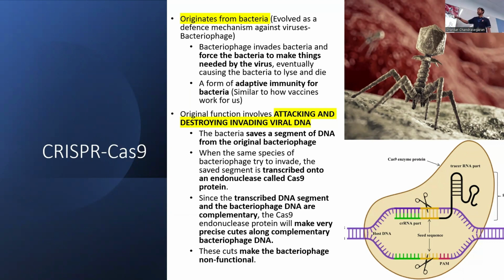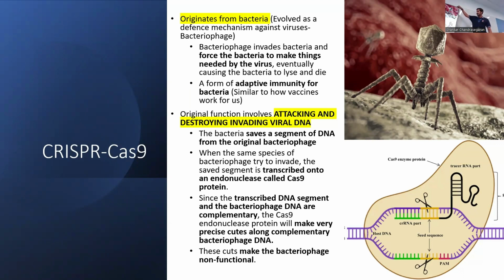What the bacteria did is it somehow created a system that looks through the DNA sequence, finds the sequence that is similar to the virus's sequence, and cuts it out, takes it out of there so that the virus won't get activated at all. So the original function, like I said, is attacking and destroying viral DNA.